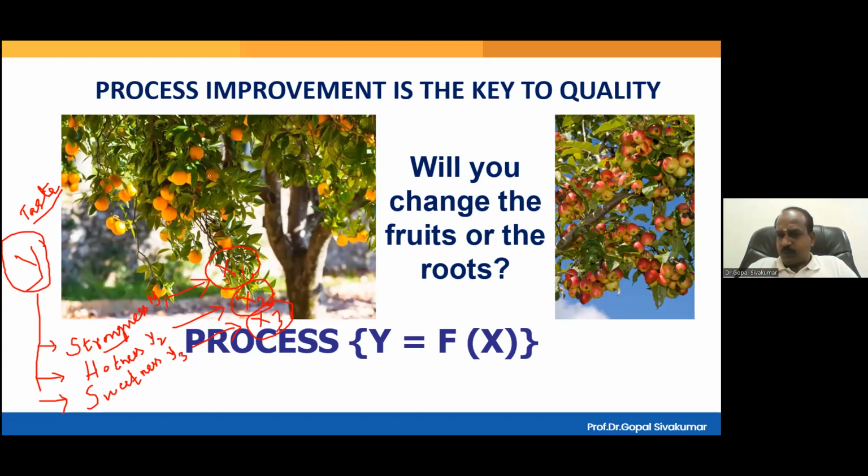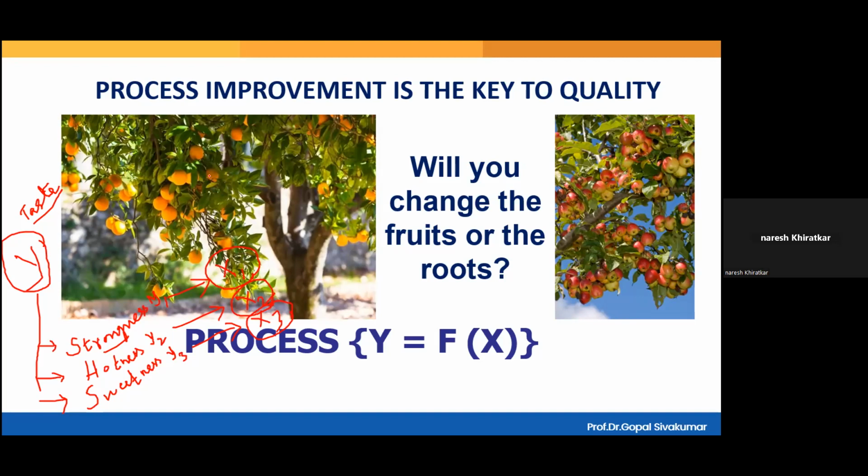So first step, root cause identification. Second step, root cause validation. Third step, studying the relationship of the root cause with your output variable. Now I ask you, what is the relationship between amount of sugar and sweetness? If I increase the amount of sugar, what will happen to the sweetness?